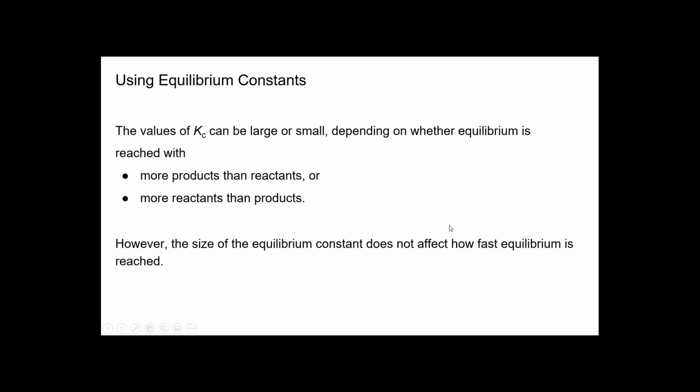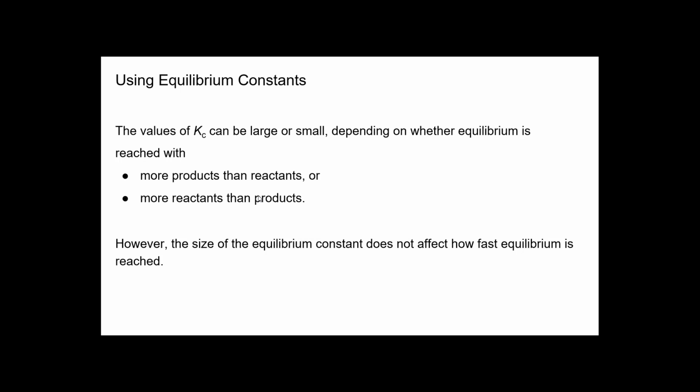The value of the equilibrium constant, Kc, can be large or small, depending on whether the equilibrium has more products than reactants or more reactants than products. Remember, when an equilibrium reaction occurs, whatever the concentrations are on the reactant side and the product side lock in. They're not always equal, and in most cases they're never equal.